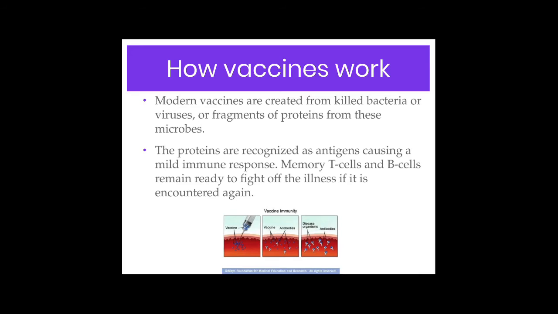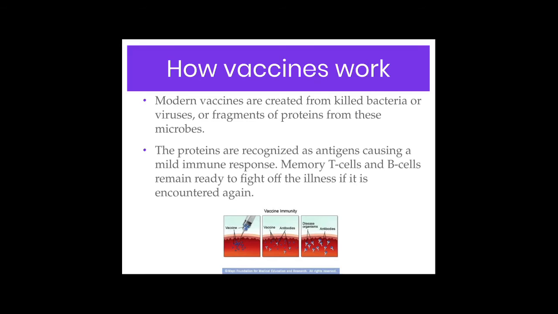Modern vaccines do not have a live bacteria or the entire virus. What we have is a killed bacteria or fragments of a virus, because we want a small immune response. We don't want a full-blown response because we know these things can kill you.